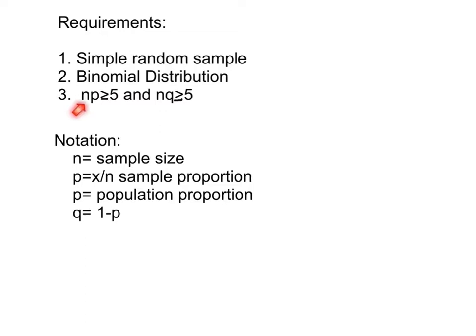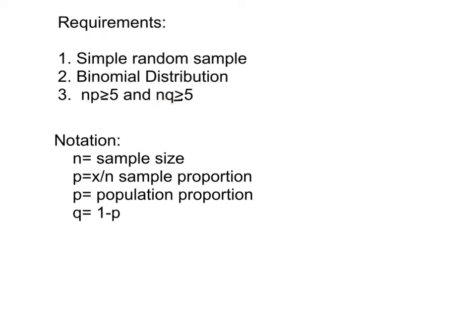And the size of the sample times the probability of a success must be greater than or equal to 5, and the size of the sample times the probability of failure must be greater than or equal to 5.